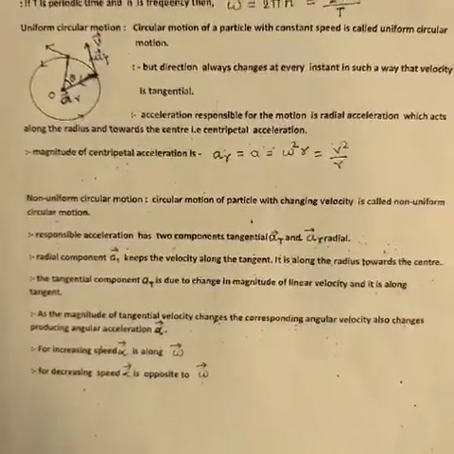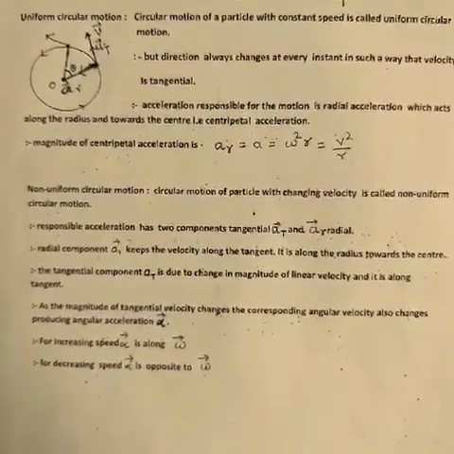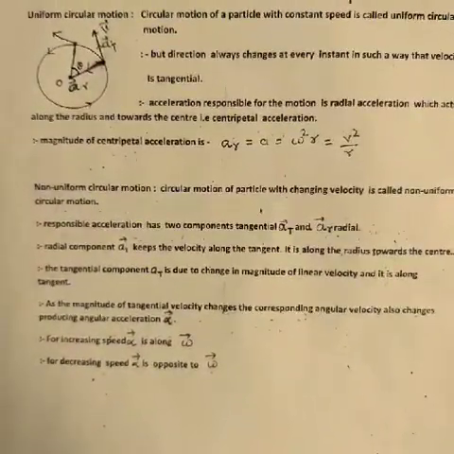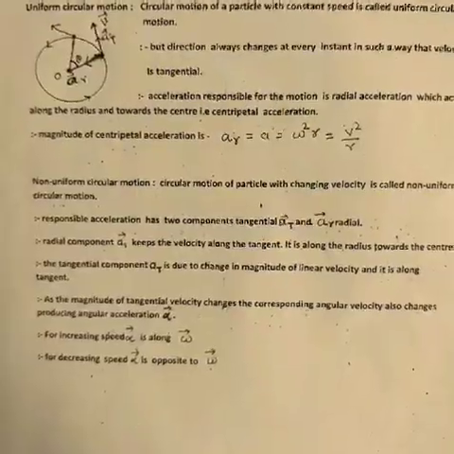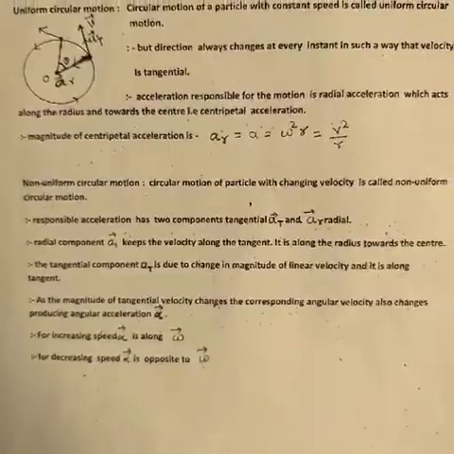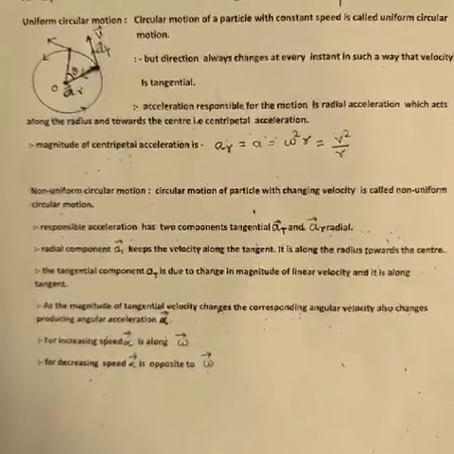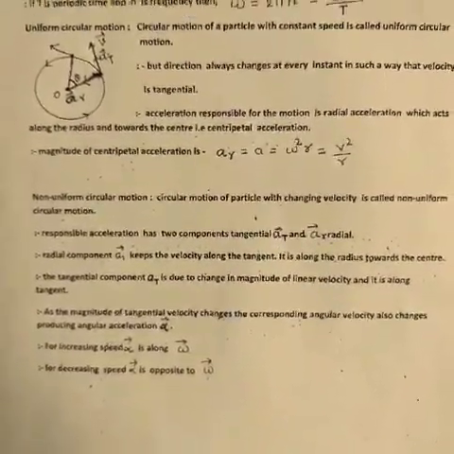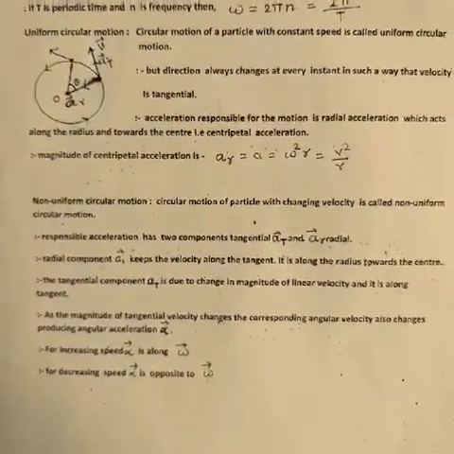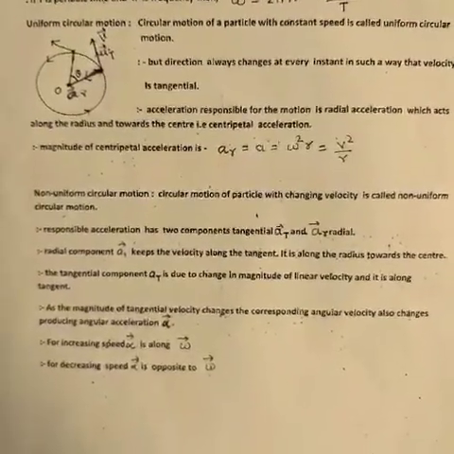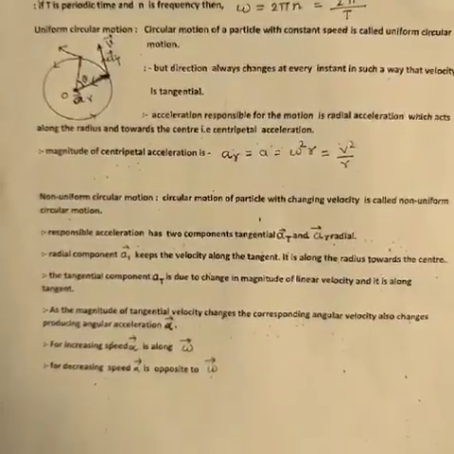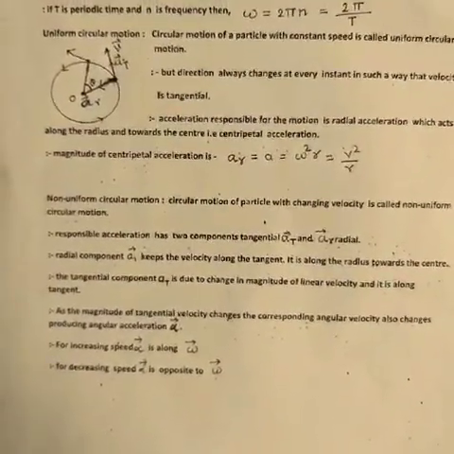So we call them tangential acceleration and radial acceleration. Here both are linear. The radial acceleration keeps the velocity along the tangent, and it helps to change the direction, while the tangential acceleration is along the tangent and it helps to change the magnitude of the velocity. So it is responsible for changing the magnitude of the velocity.